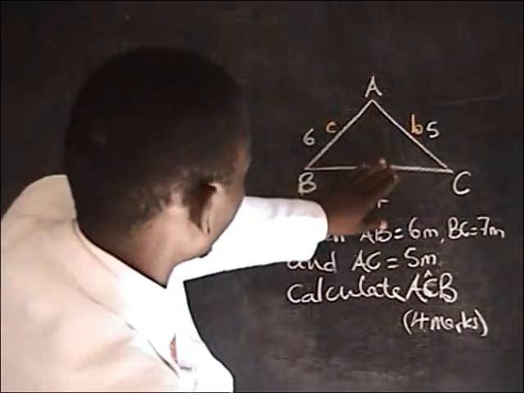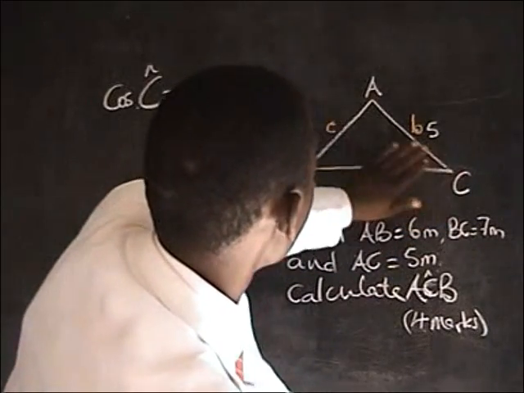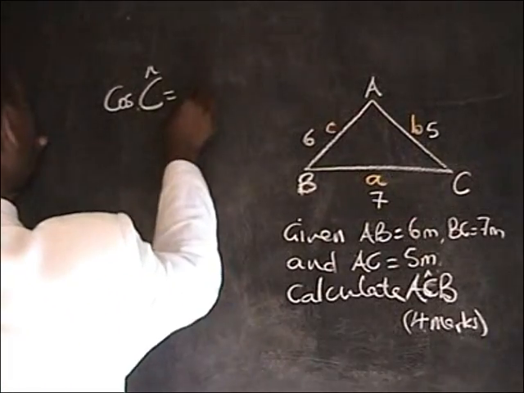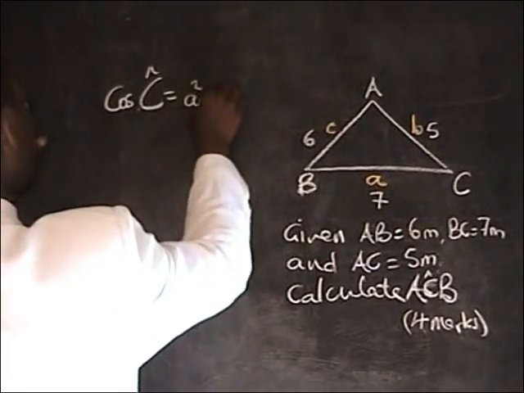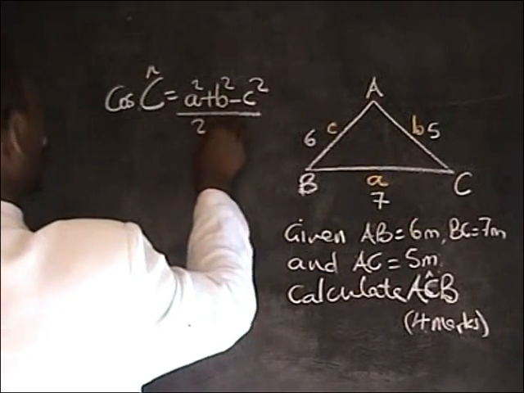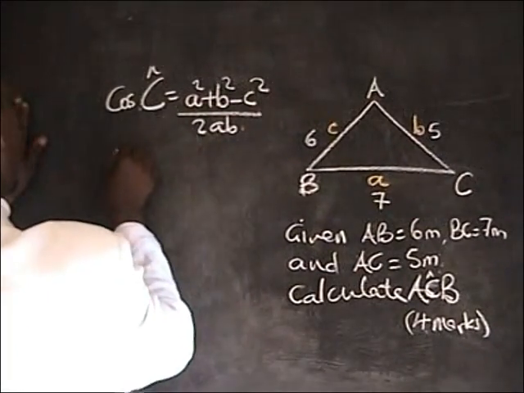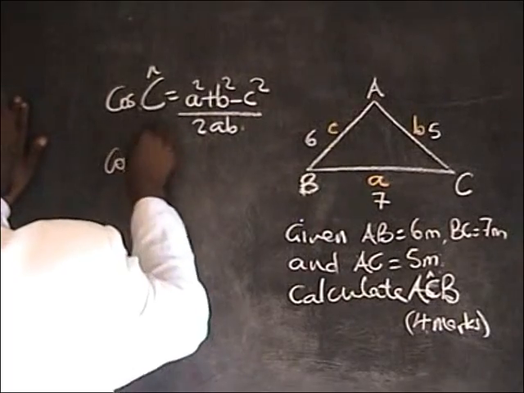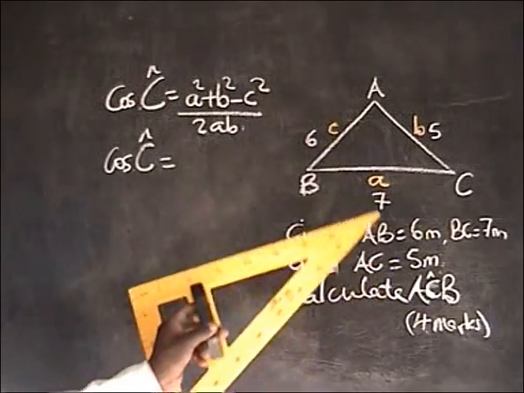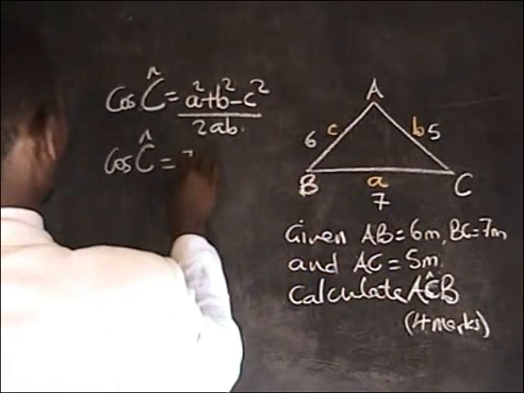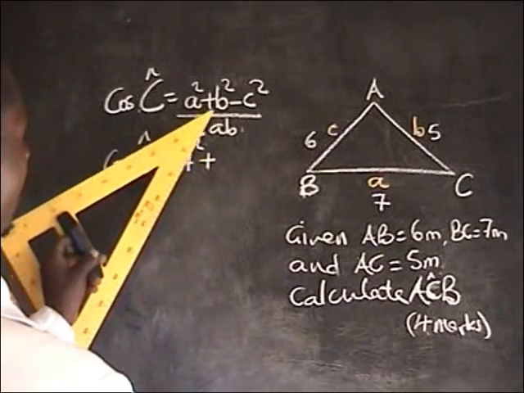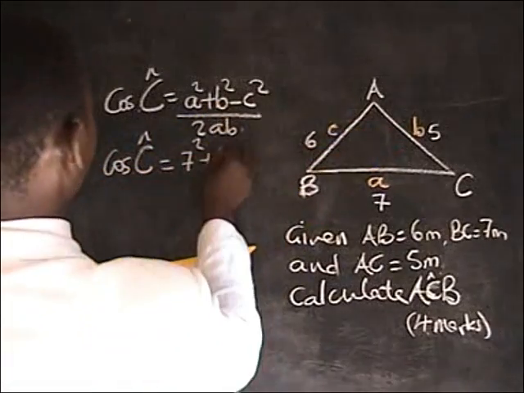Since big C is the one you are trying to find, you cover small c and you are able to see A and B. So after the equal sign, this is A squared plus B squared minus C squared, over 2AB. Then cosine C equals small letter A. If you look at the diagram, A is given to be 7, so you write 7 squared, plus the small letter B, which is 5.